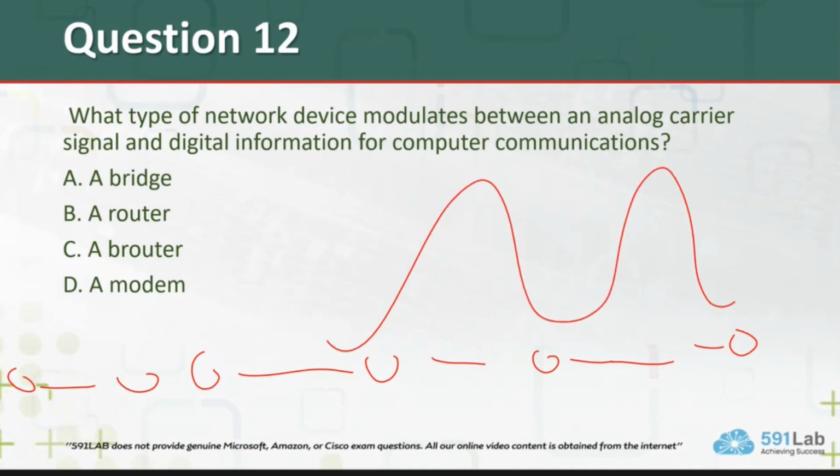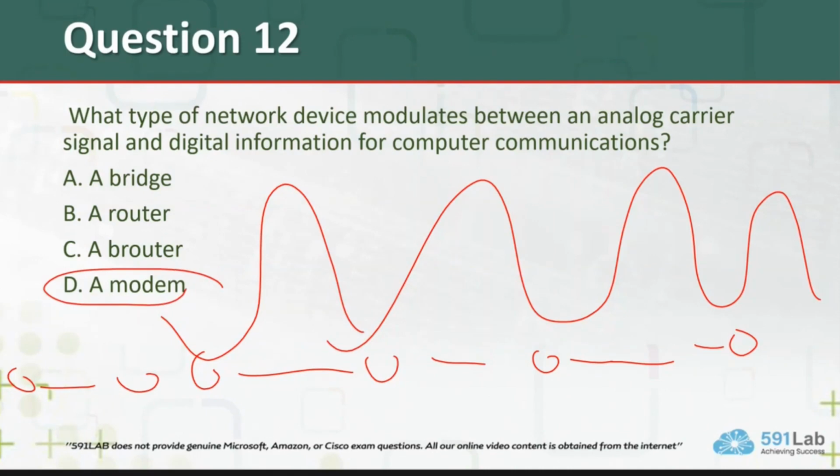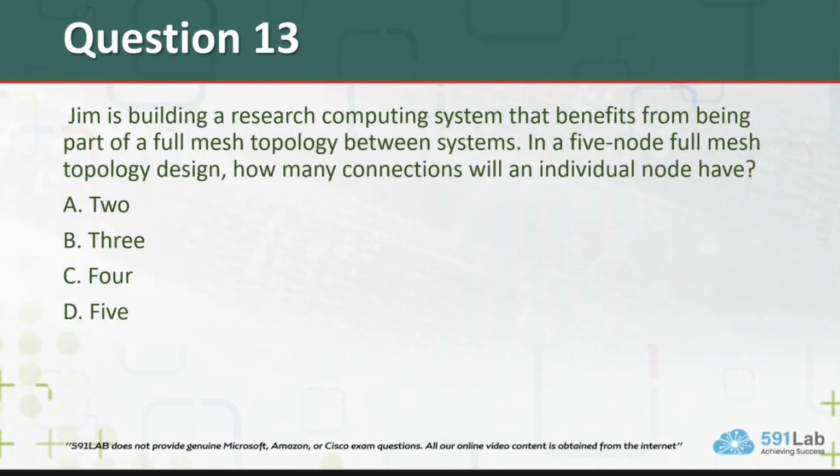And we have the analog signal that is associated with telephone lines. So this kind of conversion is usually done by a modem. The modem usually does the conversion between the analog and the digital signals. Modulator and demodulator.